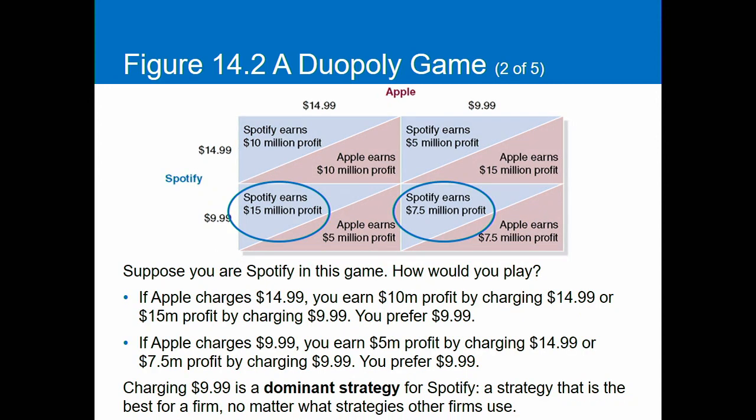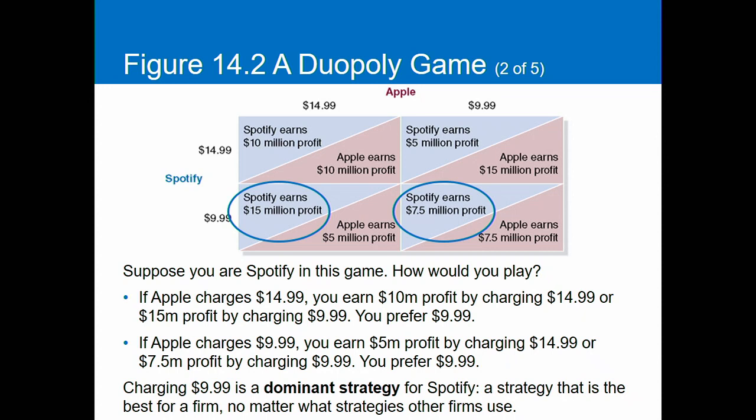All right, well, let's start by supposing you're Spotify. Apple can choose a $14.99 or $9.99 price. Let's say Apple chooses $14.99. If Spotify sells for $15, they'll earn $10 million in profit.